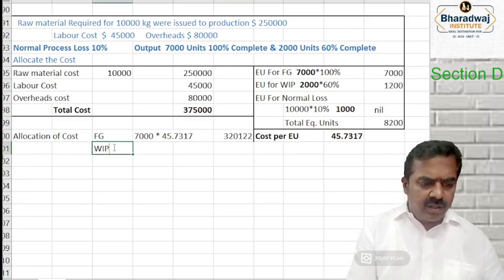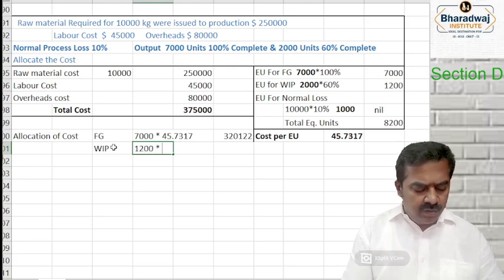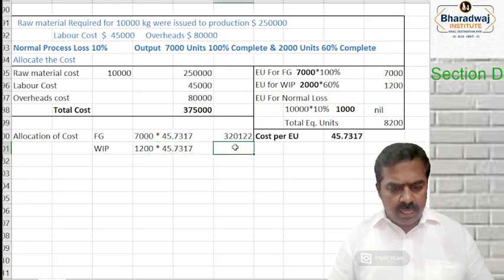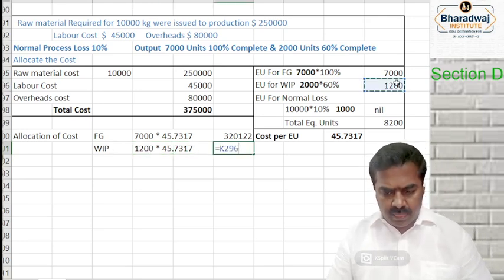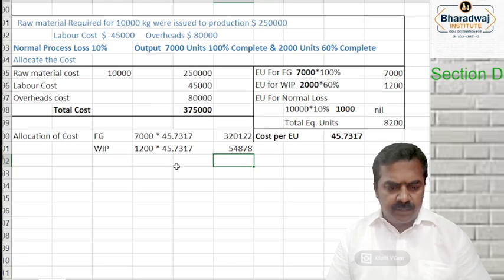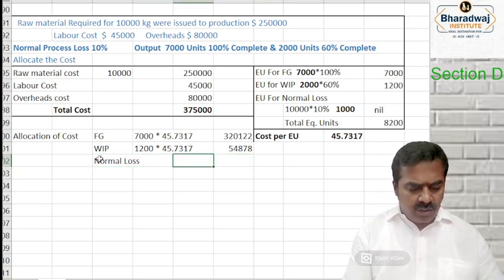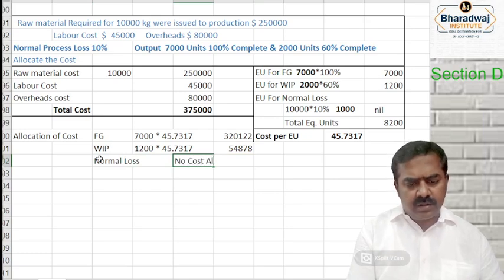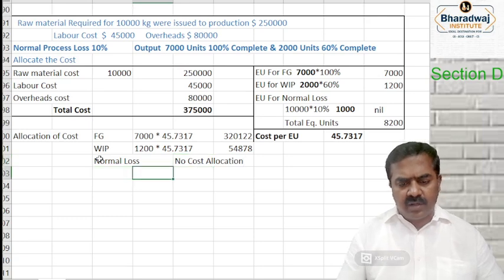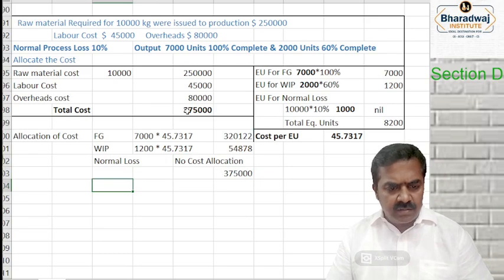For work in progress inventory, it is 1,200 equivalent units into 45.7317. For normal loss, no cost allocation because it is unavoidable. You can find the total will be the same, 3,75,000.